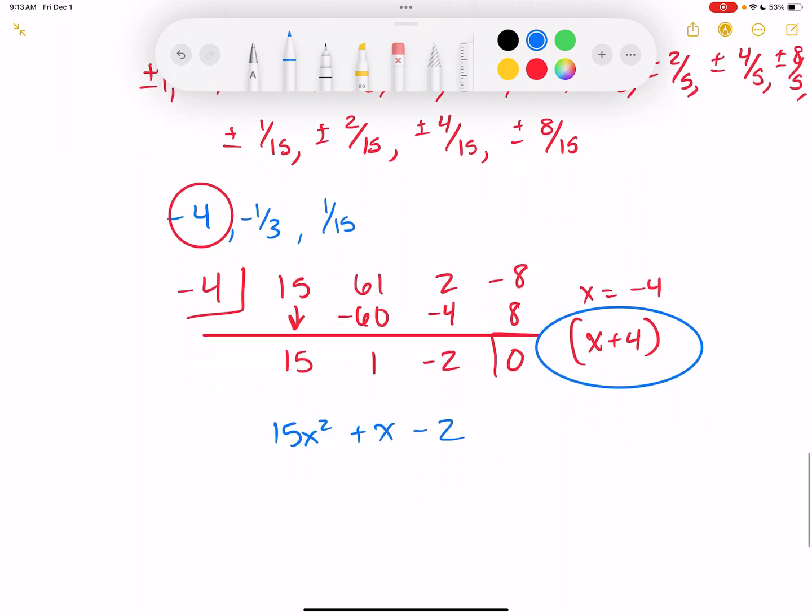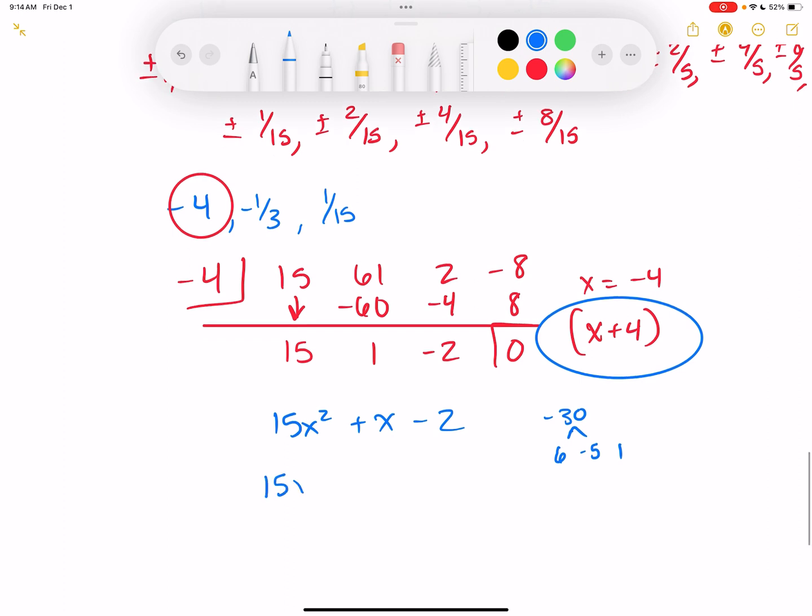So factors of -30 that add up to give me +1. Six and 5. Yep, and, no, -6 and 5, no, 5, -5 and 6. Yep, -5 and 6. So I've got 15x squared minus 5x plus 6x minus 2.